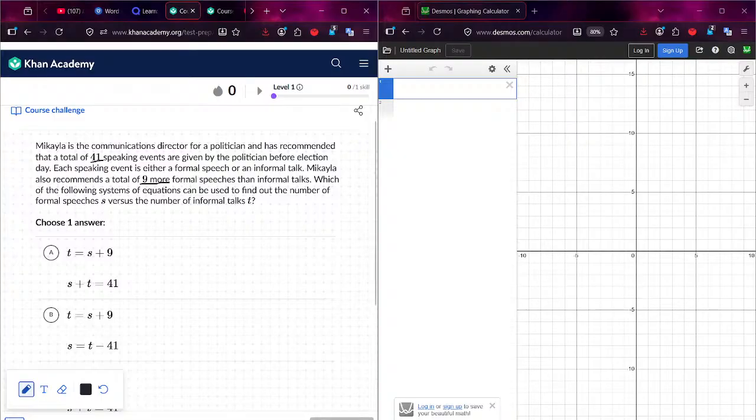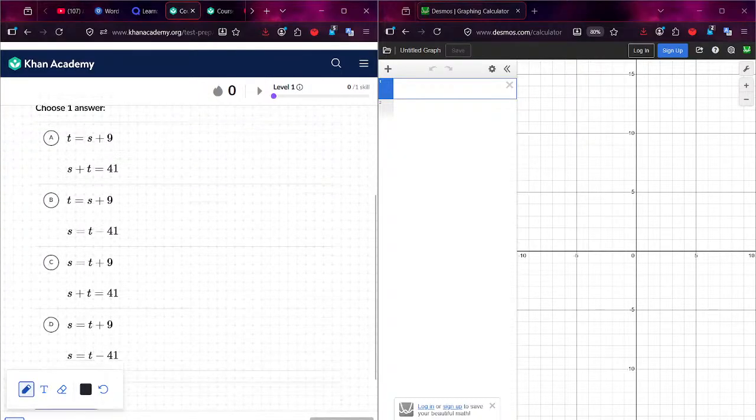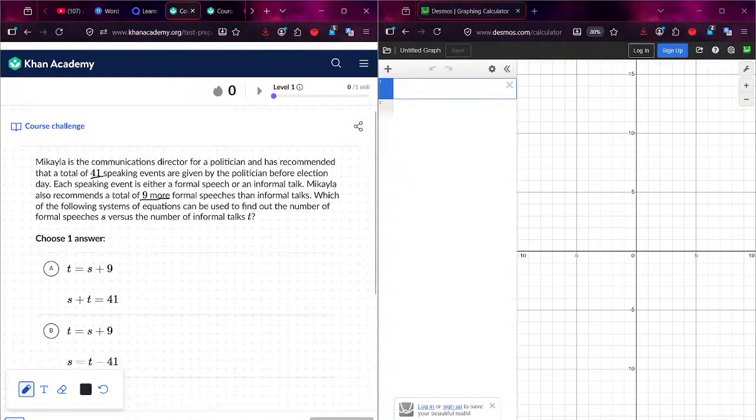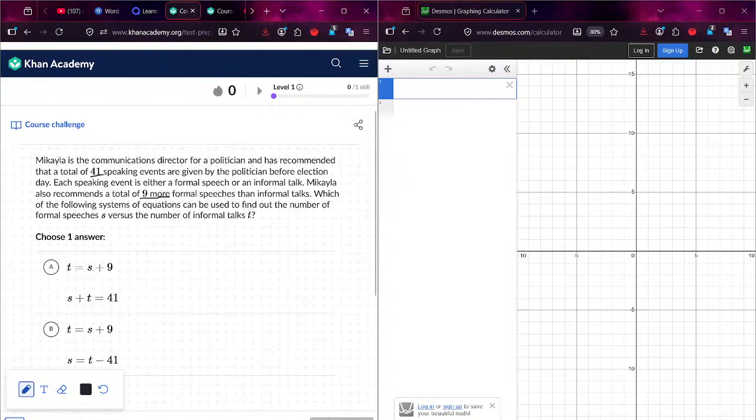So T plus 9 equals S, right? T plus 9 equals S because the amount of informal talks plus 9 should be formal speeches. If you're saying 9 plus S equals T, that's not gonna work out. That means the other way around: informal talks are 9 more than speeches.